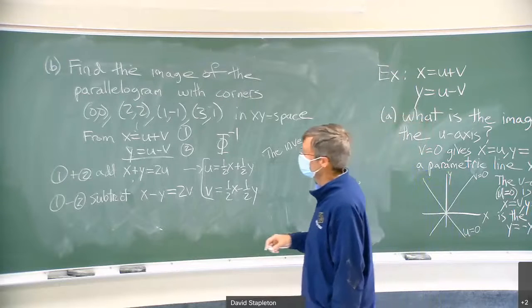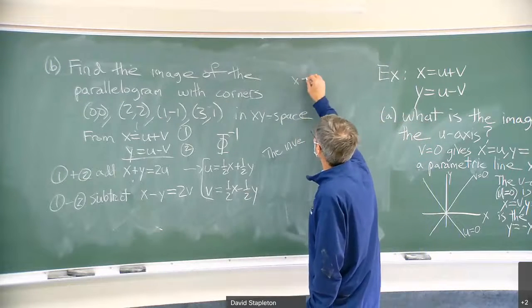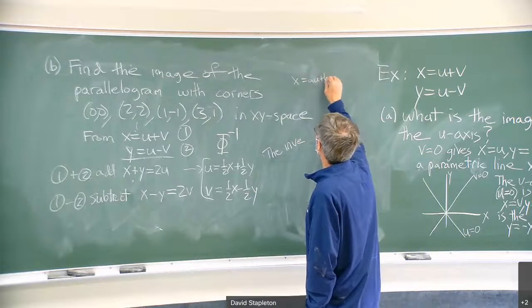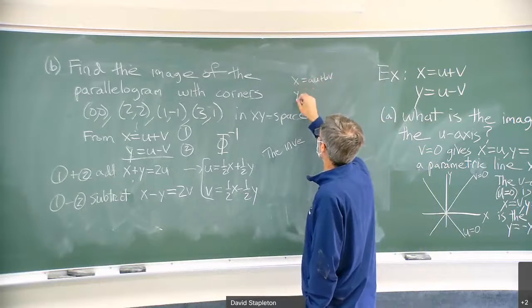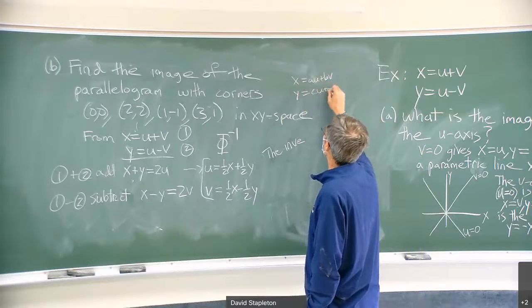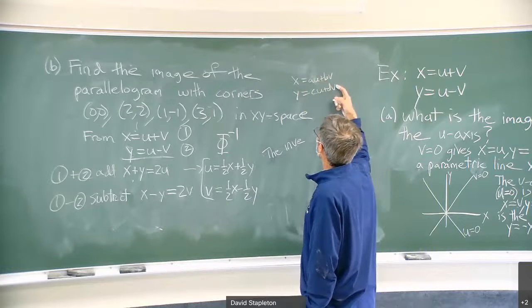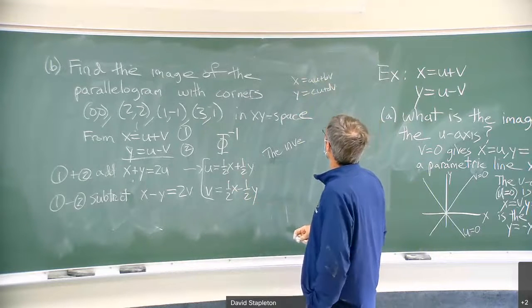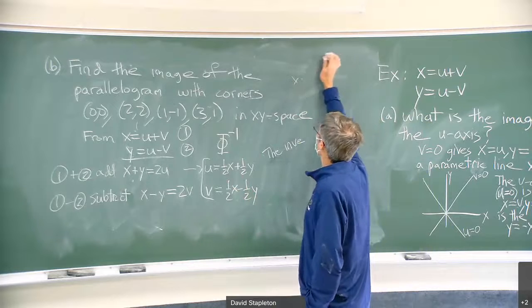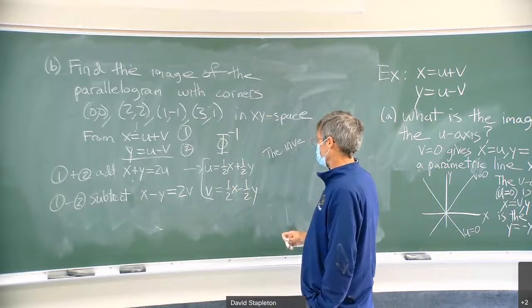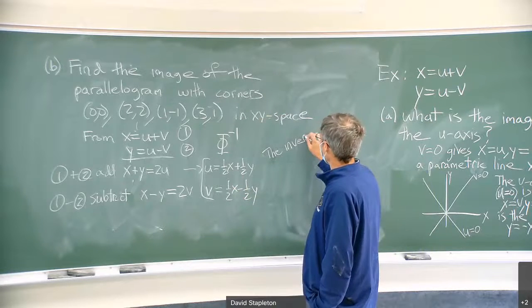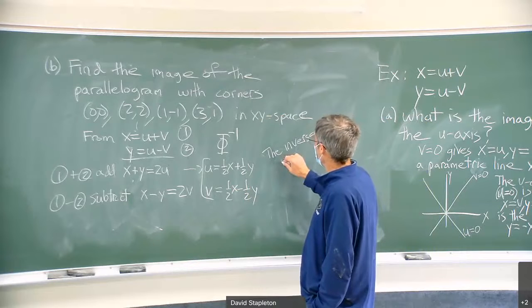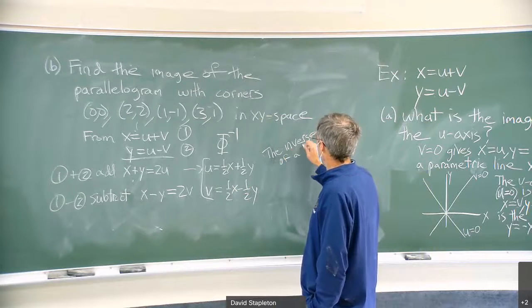If you have X equals AU plus BV, and U and V are both 0, then X will be 0, and Y is CU plus DV. So it always takes the origin to the origin, parallel lines to parallel lines, lines to lines. And so the inverse map is also linear.